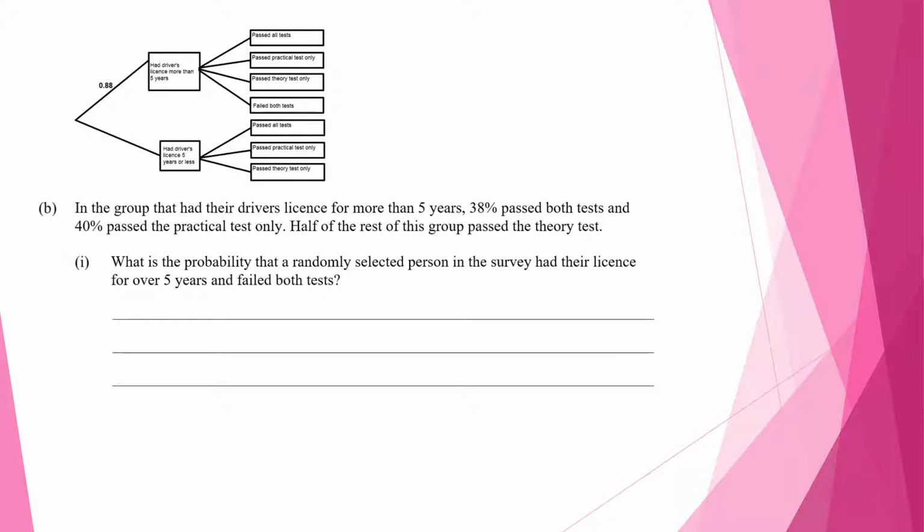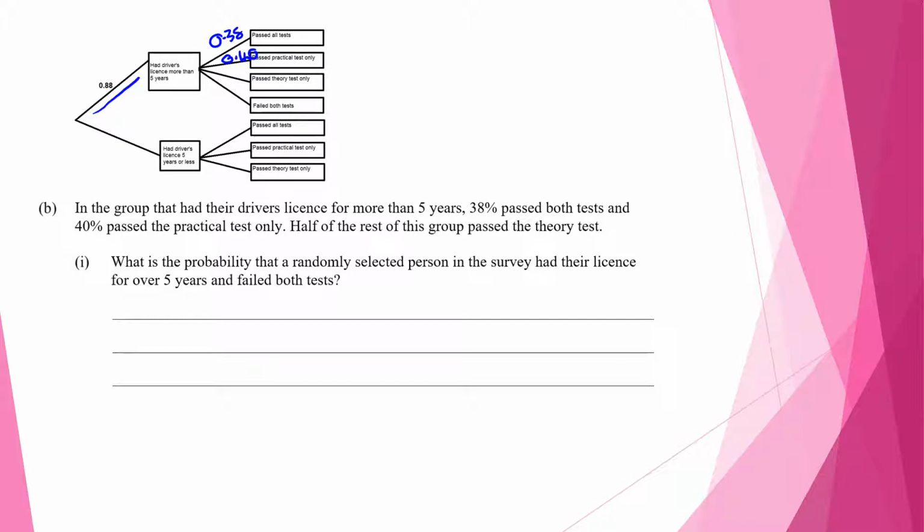In part B, we're told a little more information to add to our tree. In the group that had their license for more than 5 years, so only going on this side of it, 38% passed both the tests. So that is this branch here, and 40% passed the practical test only, which is that branch there.